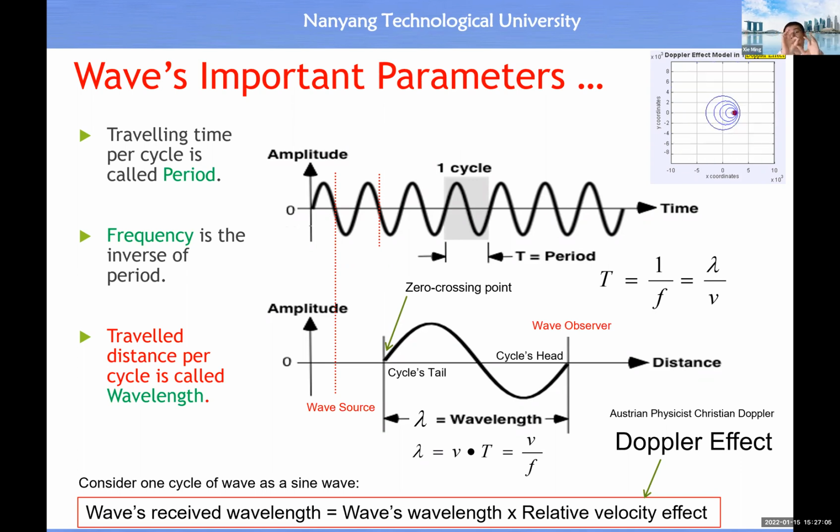Only the first value travels 100 meters, the second travels less than 100 meters, and the third even less, sure or not? But on the observer side, we do not know whether the source has moved or not. Once we receive all these signals and reconstruct them, it is equivalent, for the observer, to seeing that the wavelength has been shortened.